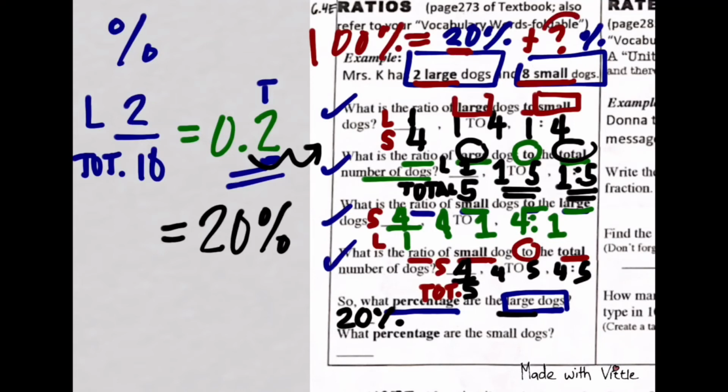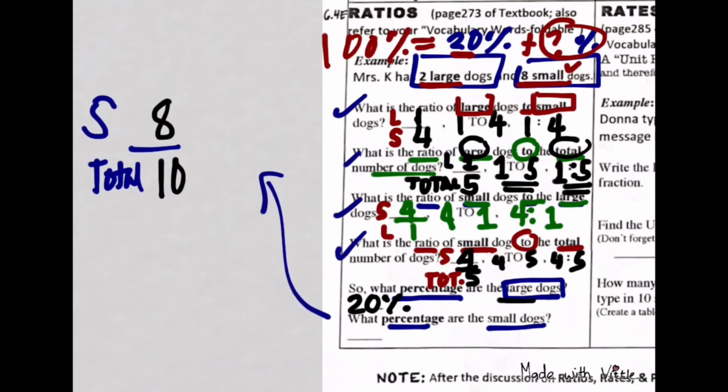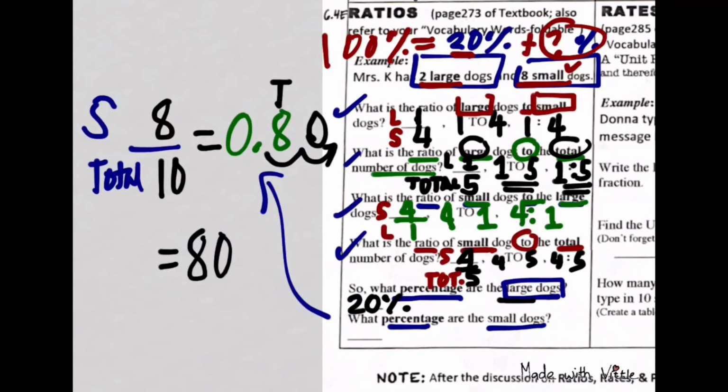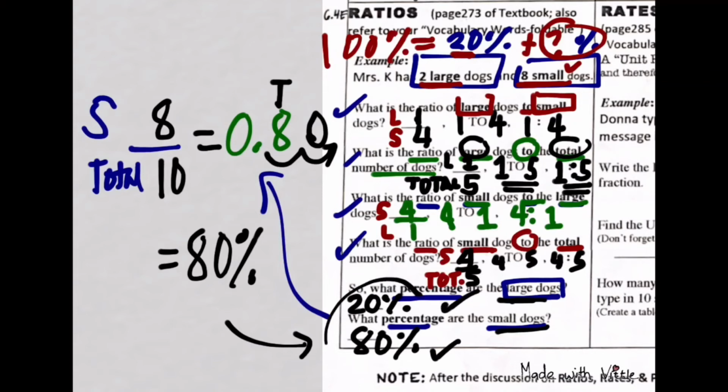So can you think of that percentage for the small dogs? The percentage for the small dogs is 80%, while the percentage for large dogs is 20%. If we add these two, it will always be equal to 100%, okay?